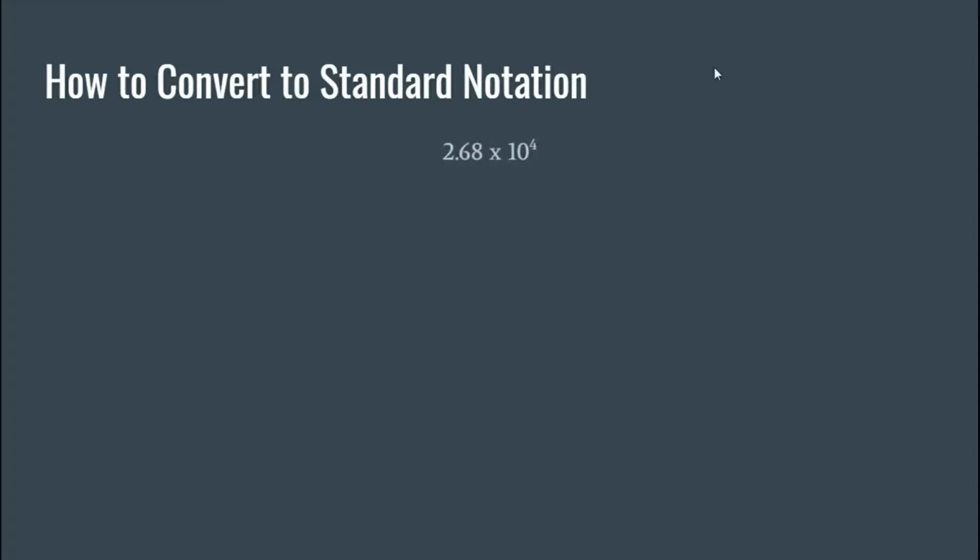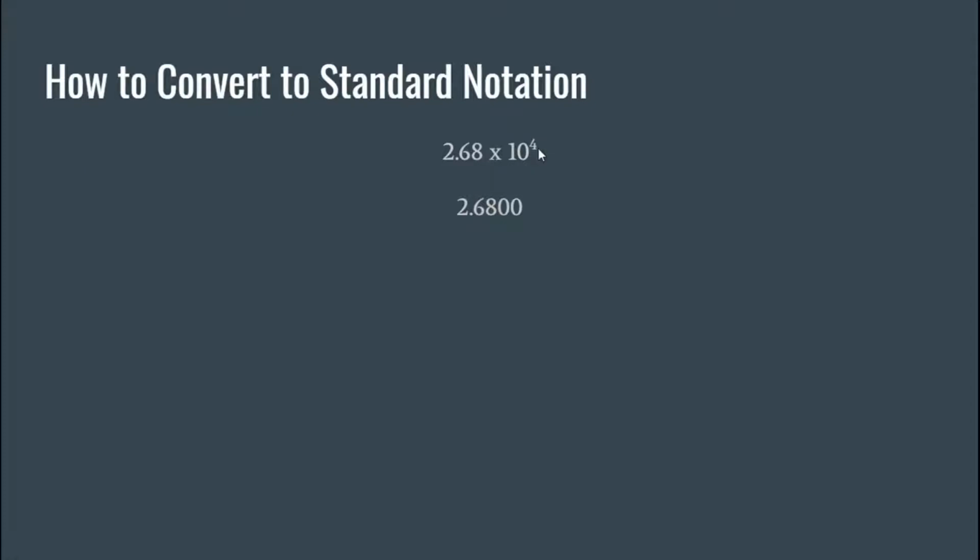Okay, so this is what a number looks like in scientific notation, and we're going to convert it into standard notation, into a number that you normally would see every day. Let me just add in some zeros. We're going to take this exponent that's attached to this 10, and this is what we're going to use to move the decimal.